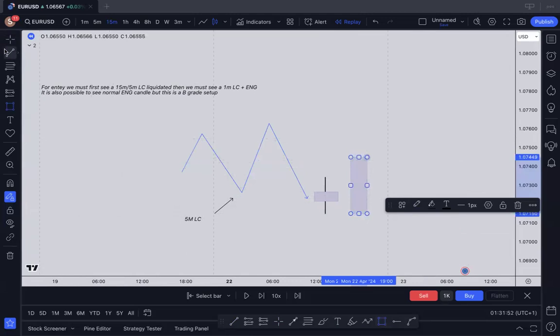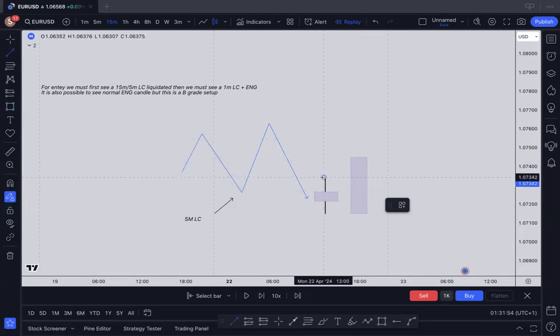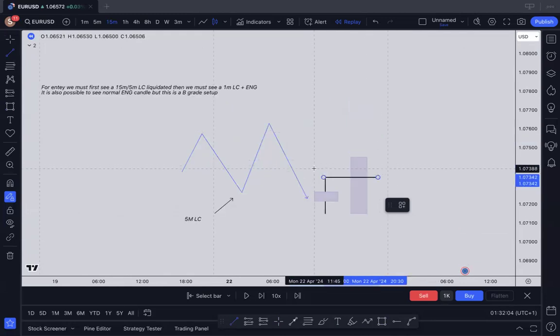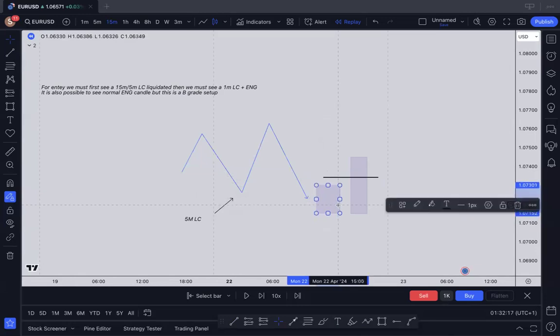Okay, so this candle must take out the high of this candle, or if we're in a bearish scenario, it must take out the low of this candle. Okay, this here is an A grade setup. Now, what if this candle here isn't a doji? What if it is just like a normal candle, like so?